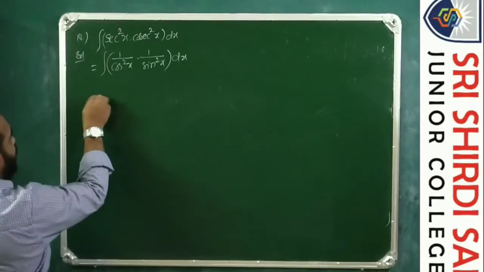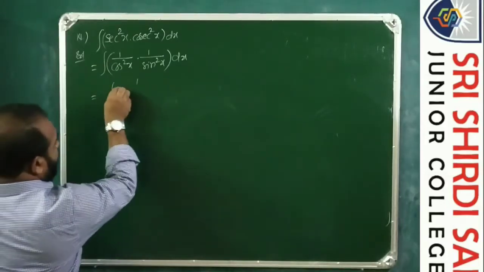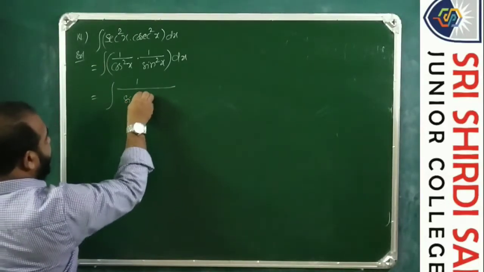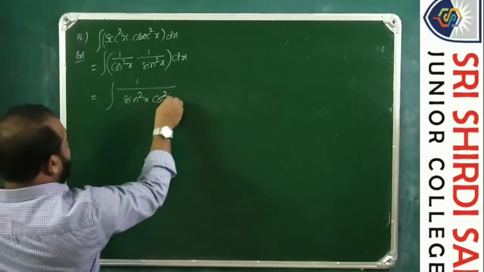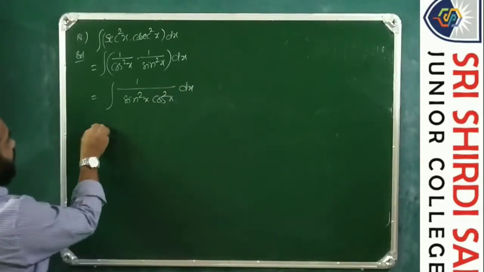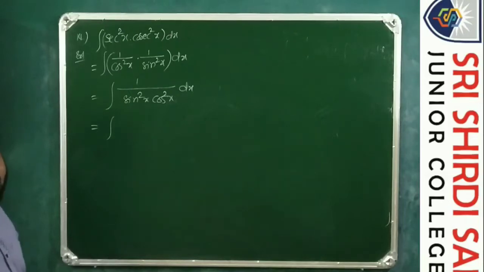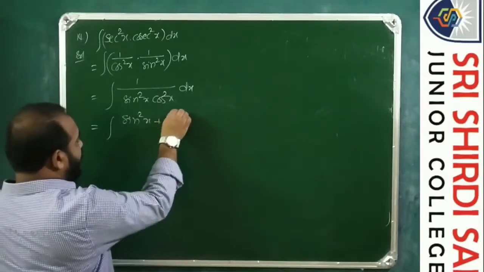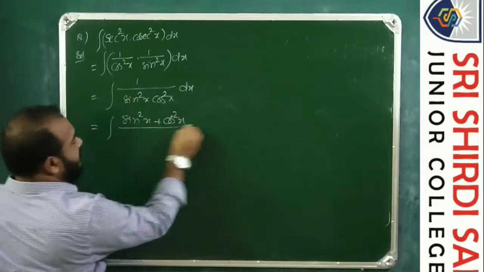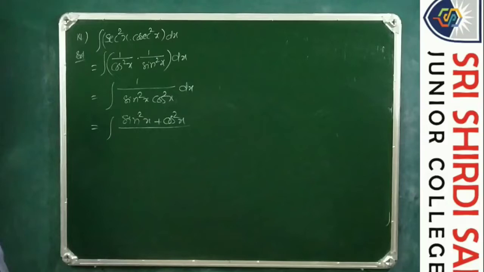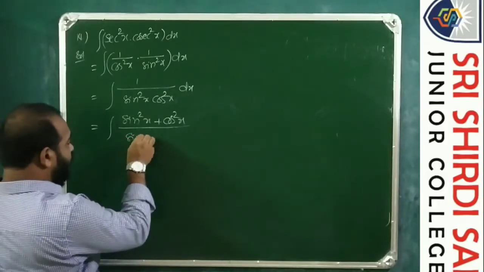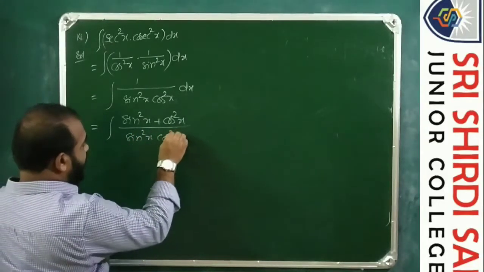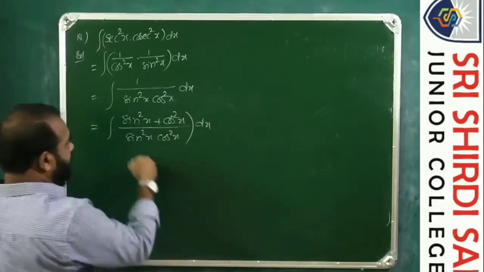So this is equal to 1 by sin² x into cos² x dx. So 1 can be written as sin² x plus cos² x is 1. So in the place of 1, we have written sin² x plus cos² x by sin² x into cos² x dx.